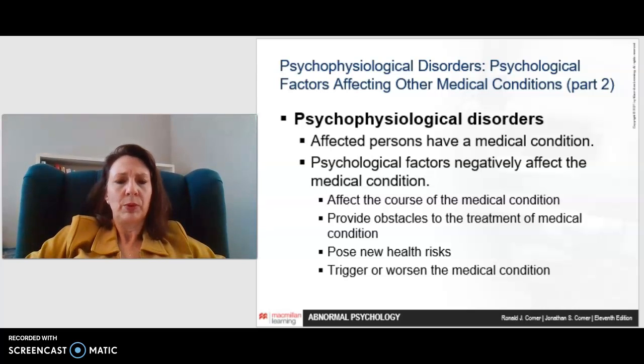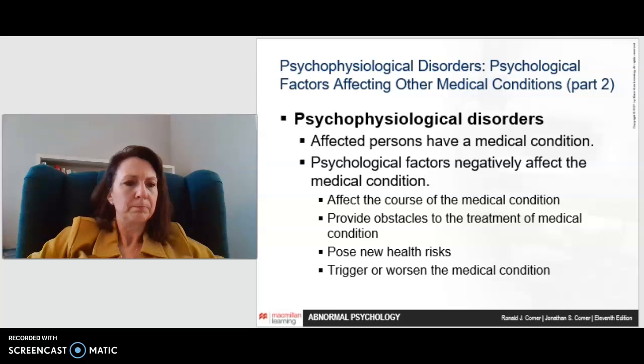So, for example, compulsive eating might really produce problems for a person that has issues with diabetes, something along those lines. So, the person's psychology is affecting something that's going on with them physically.